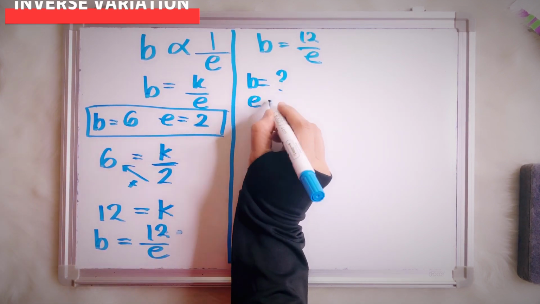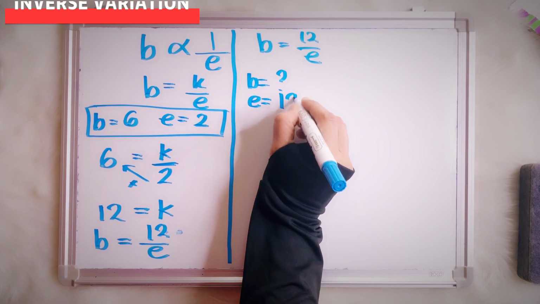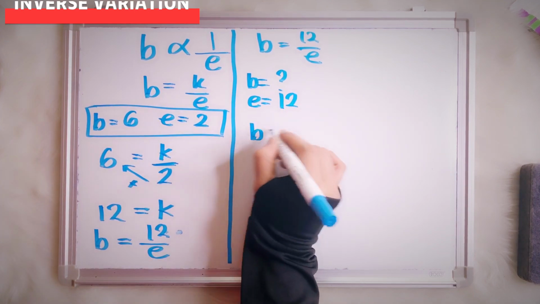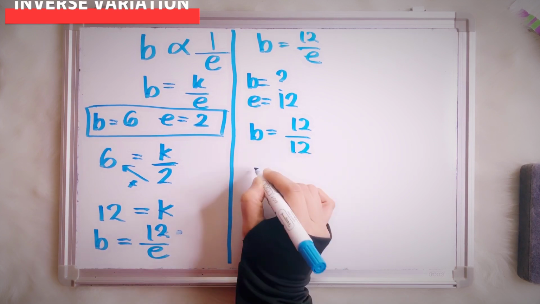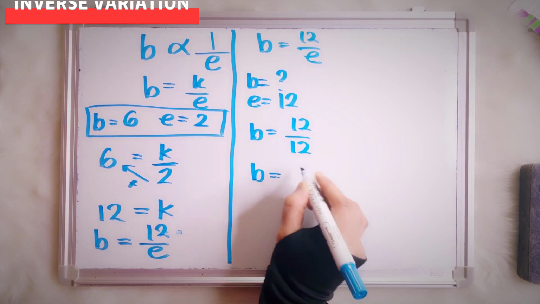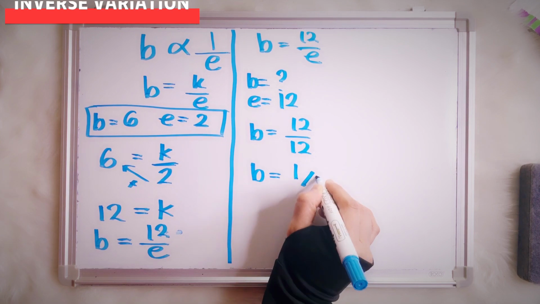So your E now equals 12. Same thing. So B equals 12 over 12. So your B now equals 1.